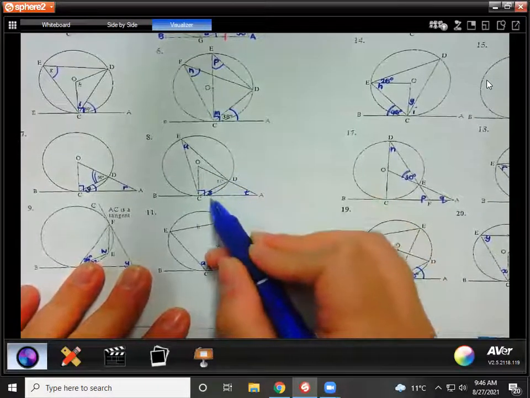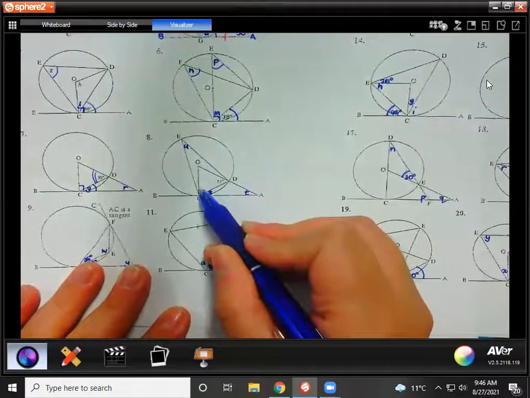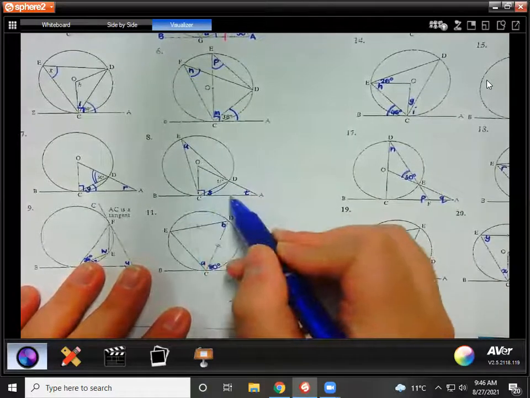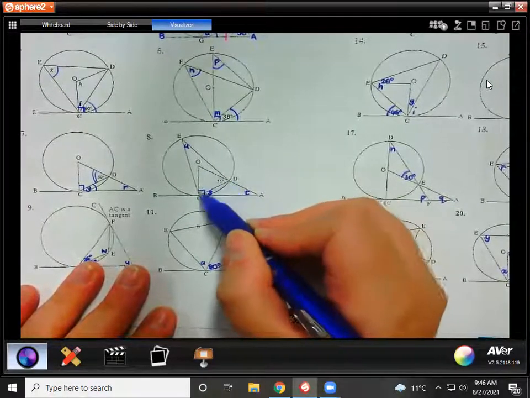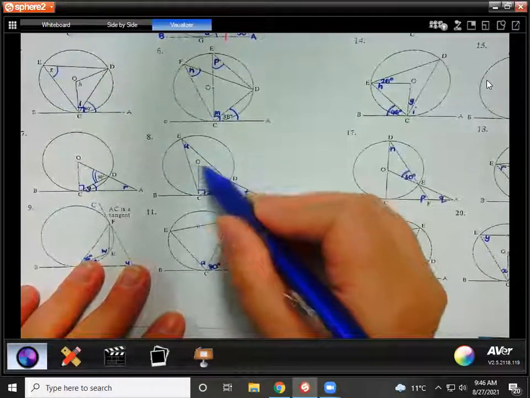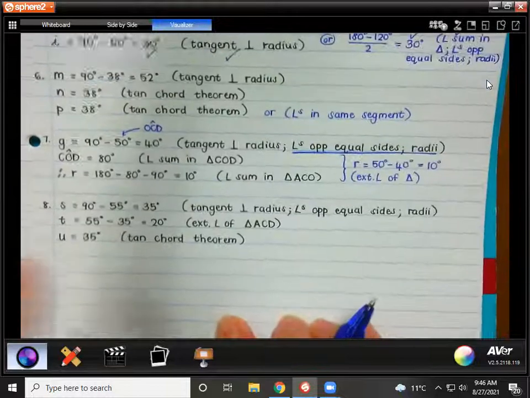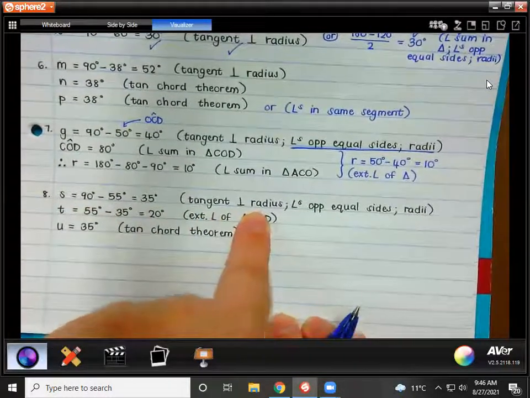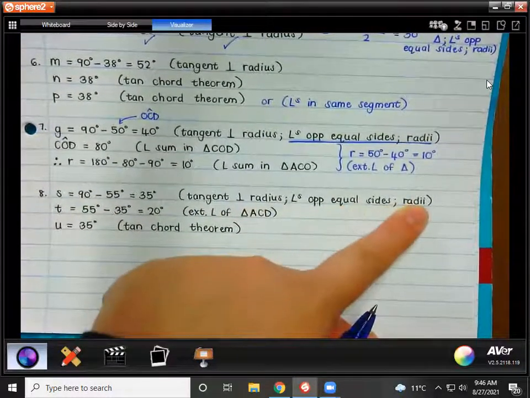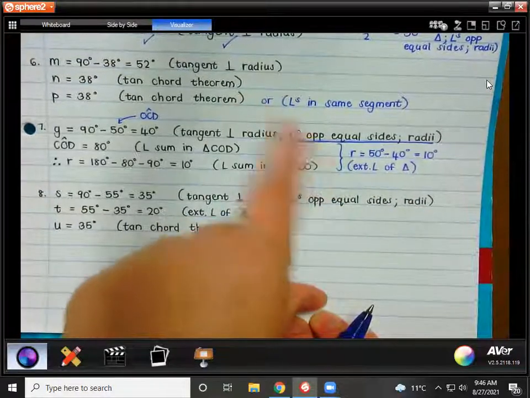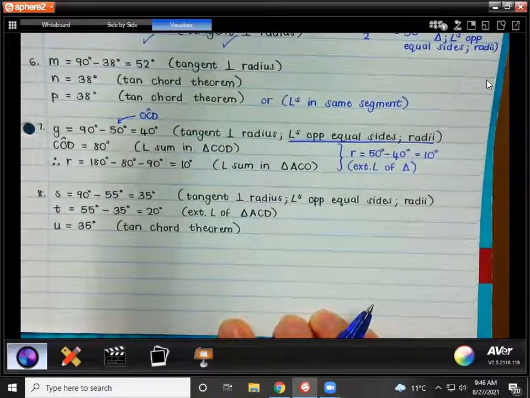So I said S is 90 minus 55, because of tangent perpendicular radius, but also angles opposite equal sides and radii, for getting that 55-degree angle there. So tangent perpendicular radius, angles opposite equal sides, radii. So it's exactly the same as my previous question's first step.